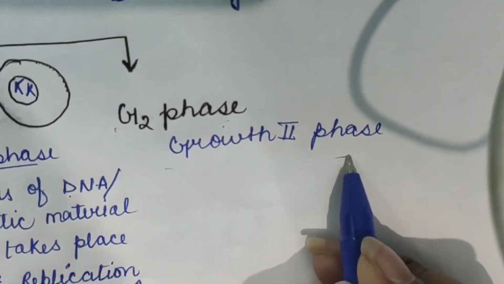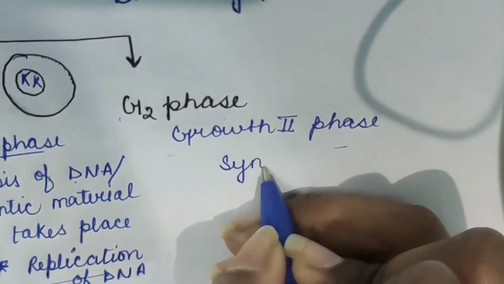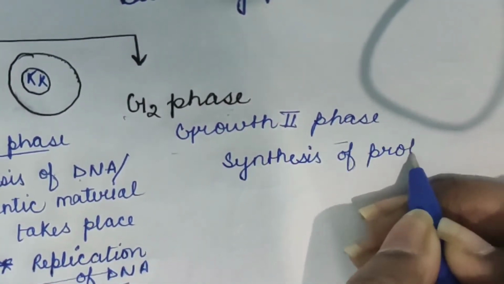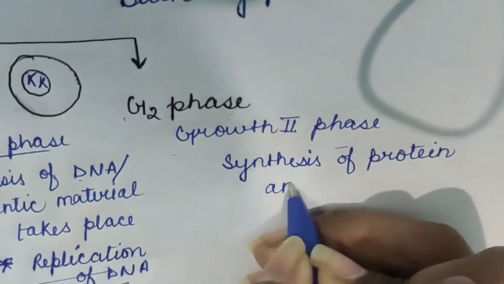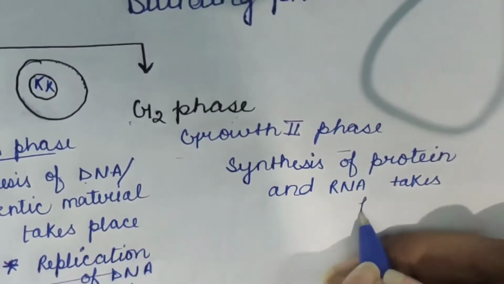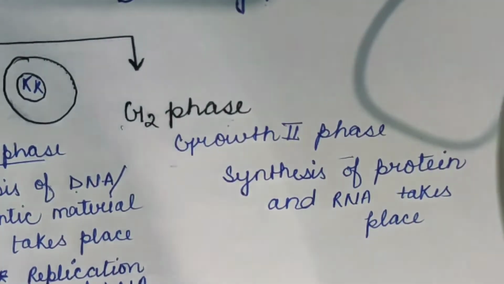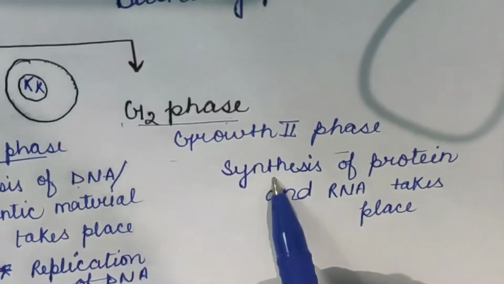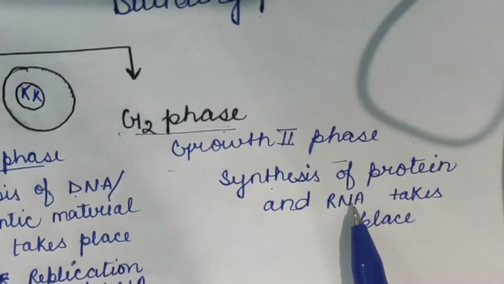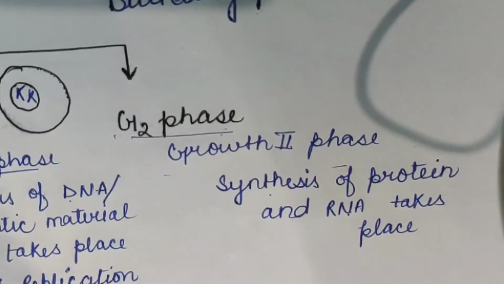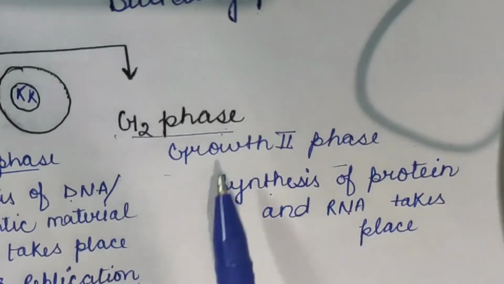During the G2 phase, synthesis of protein and RNA takes place, which means all the essential ingredients, like the hormones and enzymes which are important for cell division, are synthesized during the G2 phase.